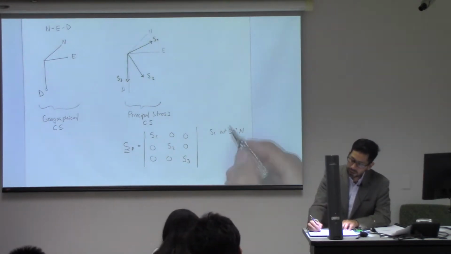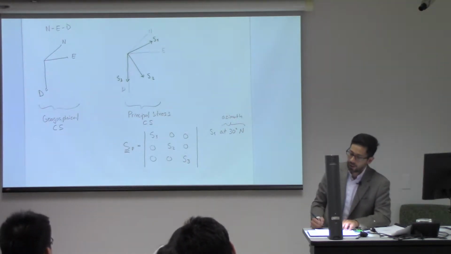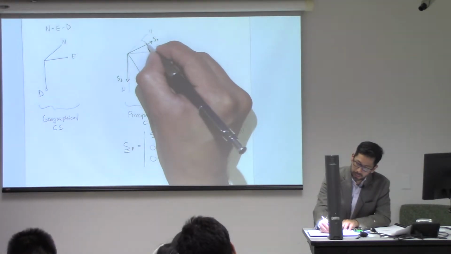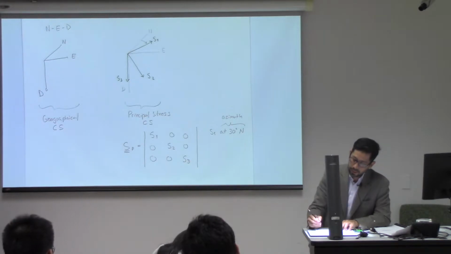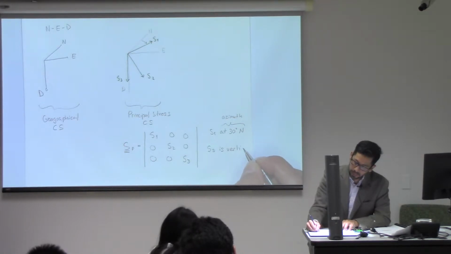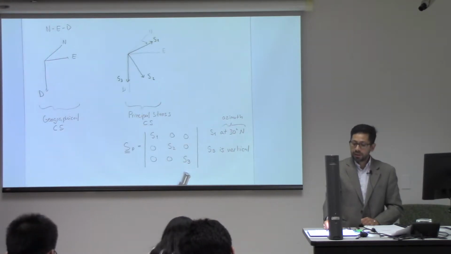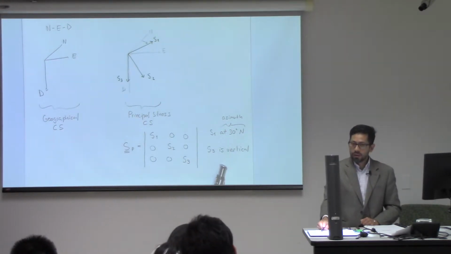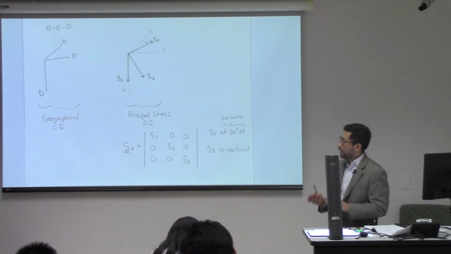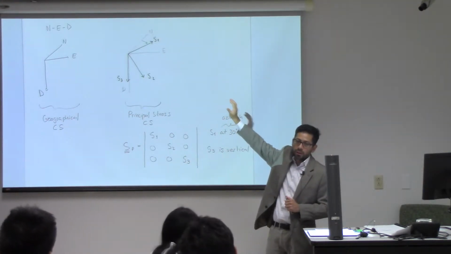This 30 degrees is something called the azimuth of S1. It's measured from the north, always clockwise. And I'm going to say also that S3 is vertical. So I have 3 values of principal stress. I have 2 of the principal directions, and the third one is automatically defined. So we have everything we need to fully characterize that stress tensor with respect to the coordinate system.